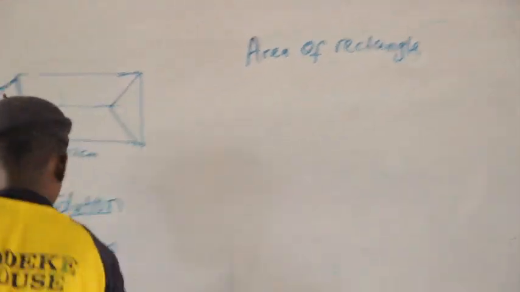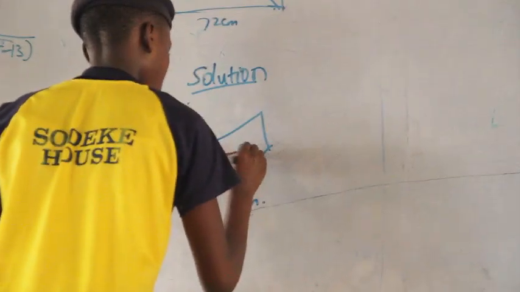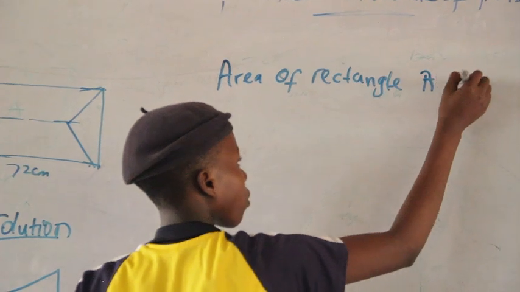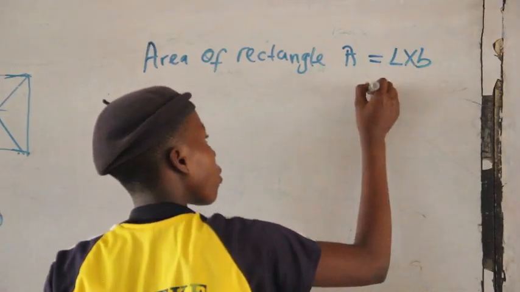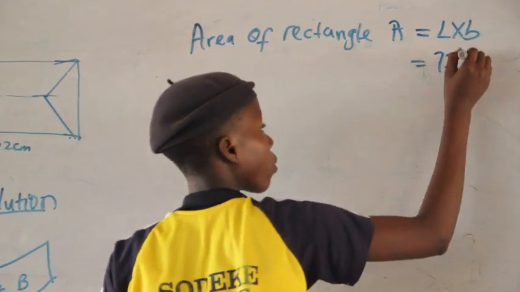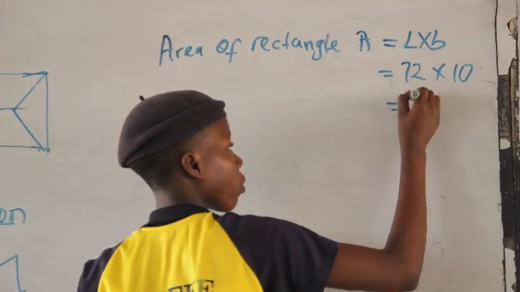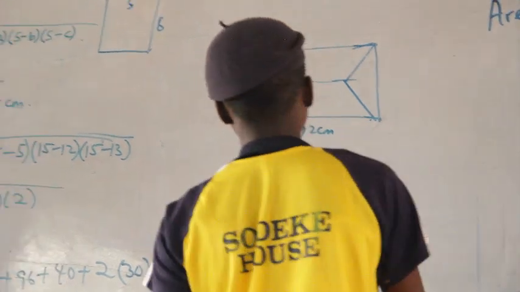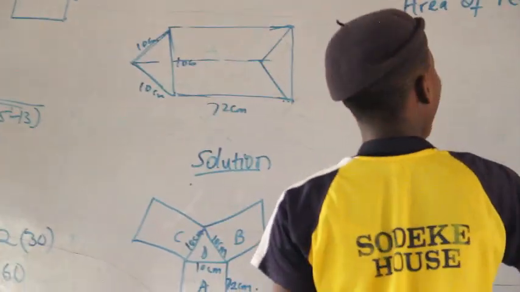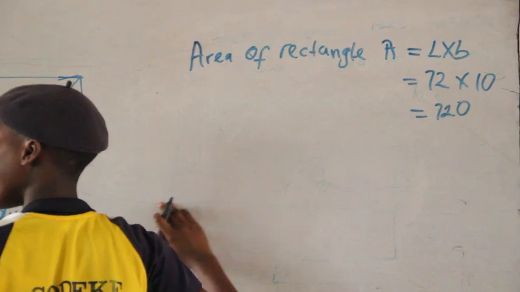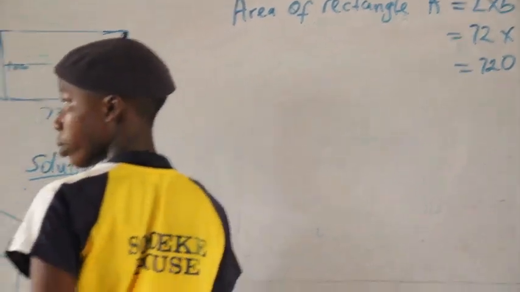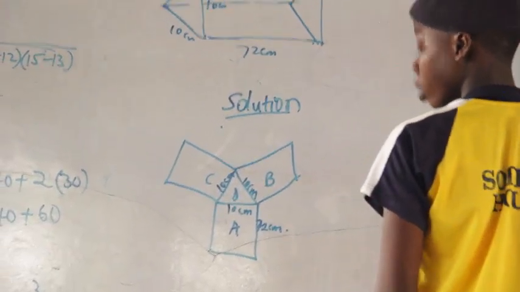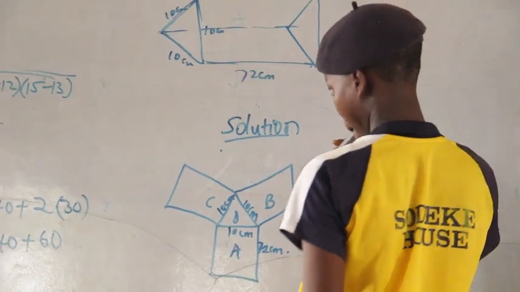Area of rectangle. Okay, that's A, B, C, D. Area of rectangle A is length times breadth. That's 720. Equilateral triangle. It is an equilateral triangle, so we are going to have equal what? Equal area, equal rectangles.